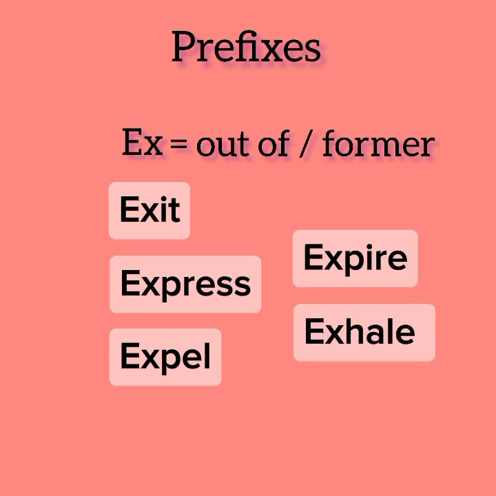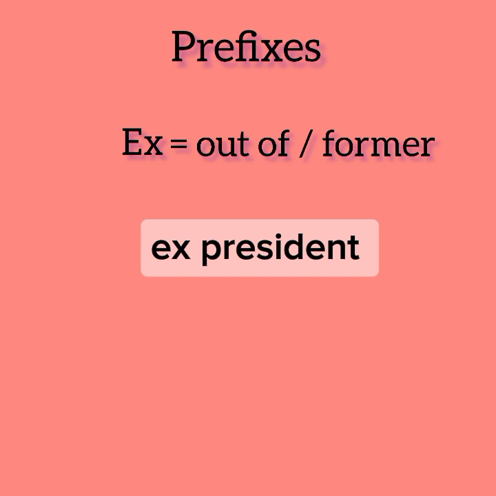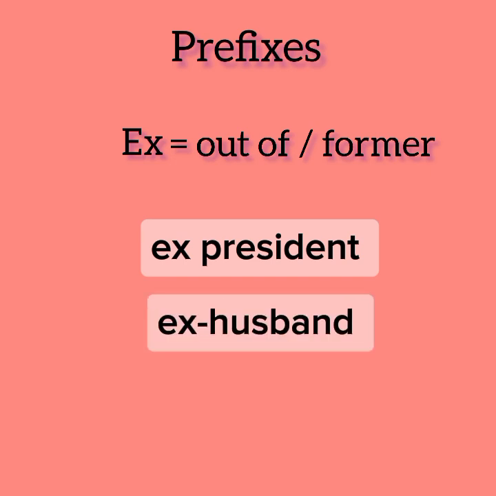In all these words, ex means out of, but it can also add the meaning of former to some root words. For example, ex-president, someone who formerly held the title of president. Or think about the word ex-husband. So when you see ex, it often relates to something that used to be or something moving out.